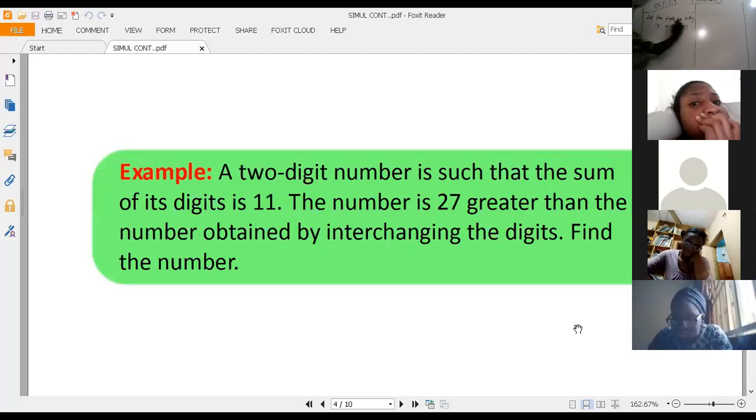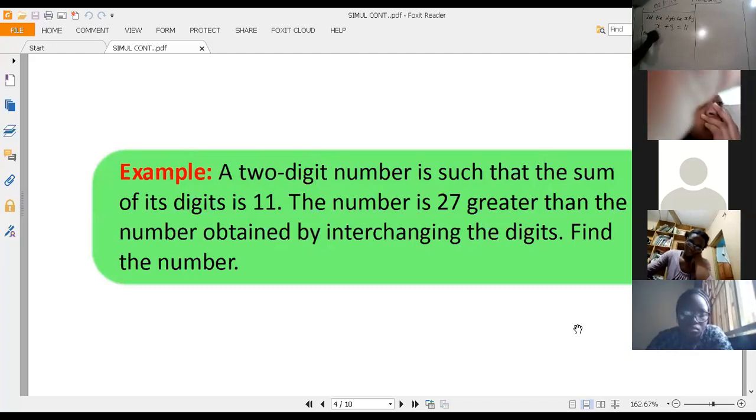Since the digits are given to be X and Y, the number is XY. We don't know the number, but when you add X to Y, you have 11. Let's call this equation 1.